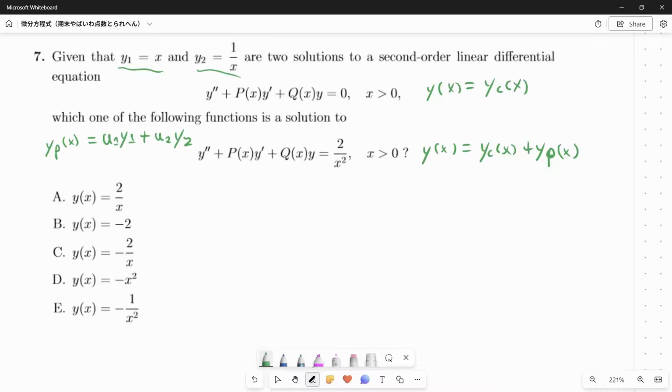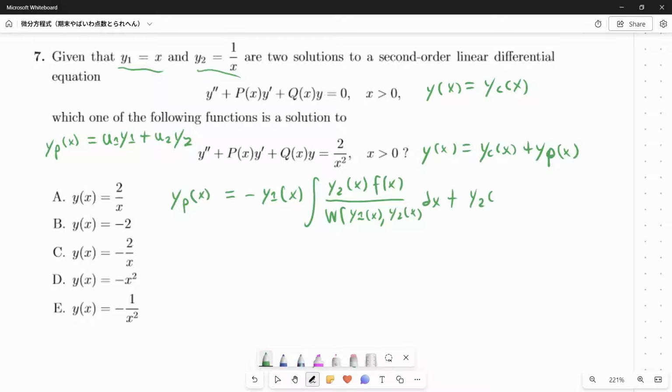Now we can proceed. The next thing we have to do is recall that the formula for the method of variation of parameters takes the form of y sub p of x is equal to negative y sub 1 of x times the integral of y sub 2 of x times f of x over the Wronskian of y sub 1 of x and y sub 2 of x, plus y sub 2 of x times the integral of y sub 1 of x times f of x over the Wronskian of y sub 1 of x and y sub 2 of x.